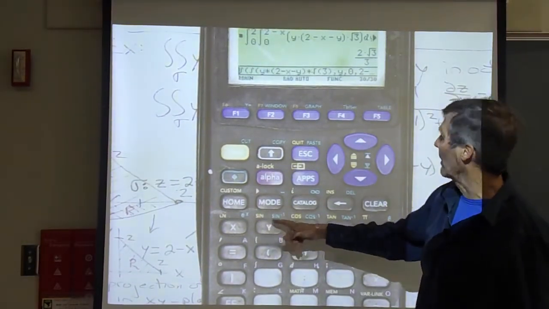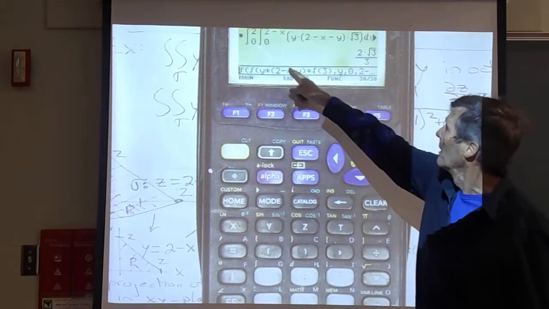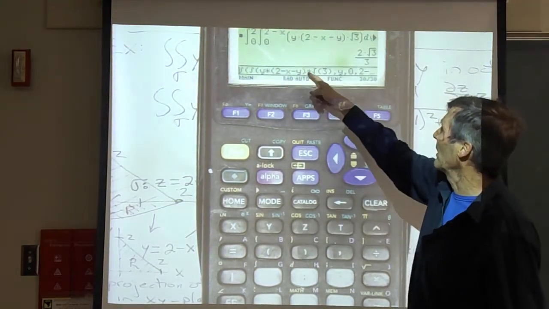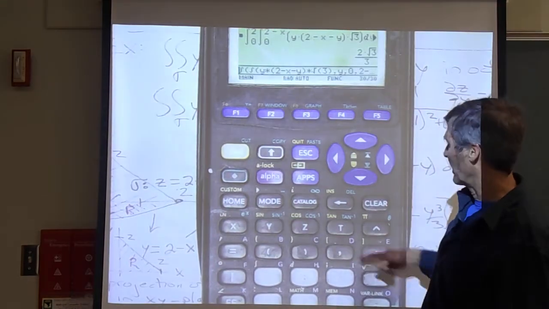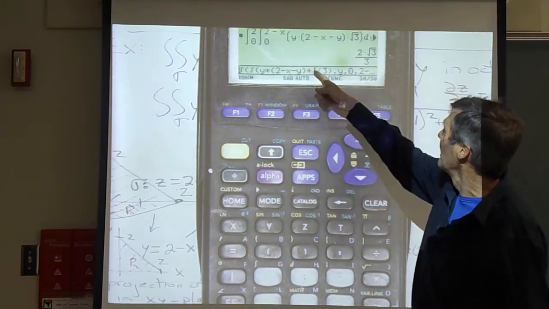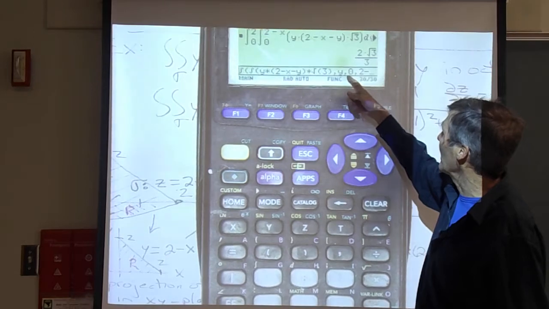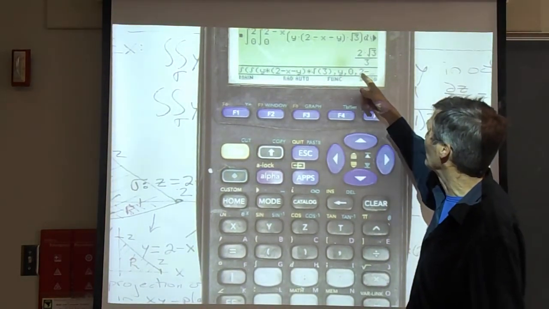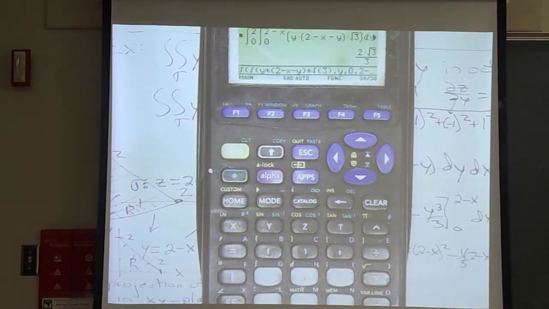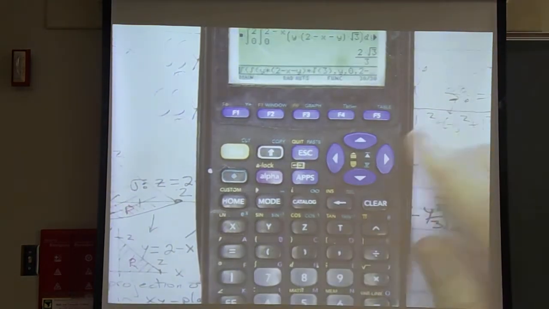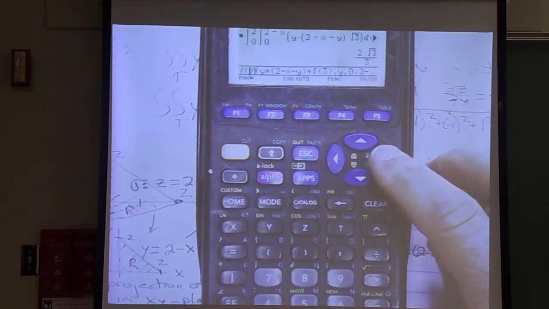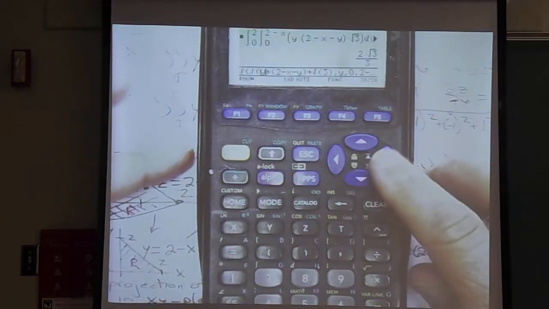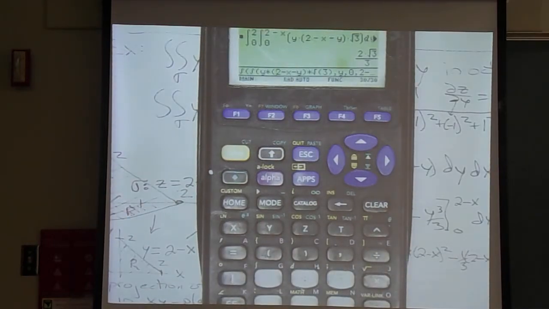Then you type in y times parentheses, 2 minus x minus y, times square root 3. There's a square root button by pushing second square root. And then comma y, comma 0, comma 2 means integrate the inside integral with respect to y from 0 to 2 minus, and it goes off the edge. Use the arrow key to go across.